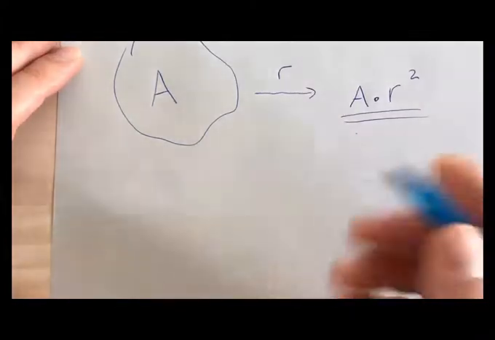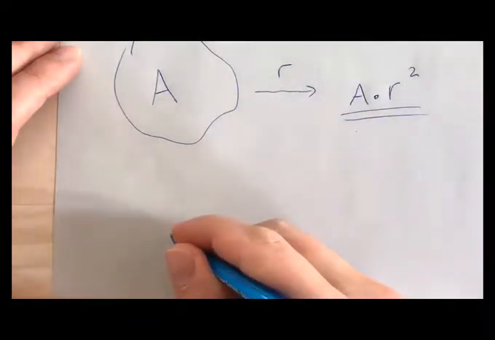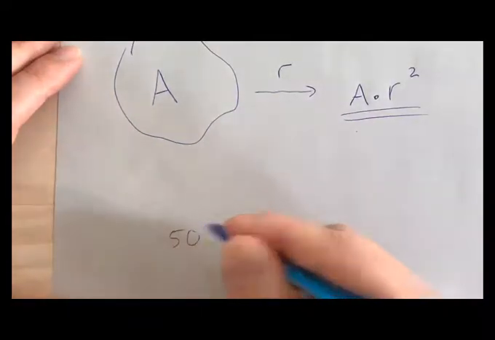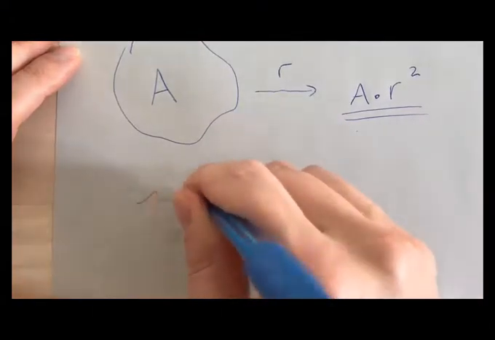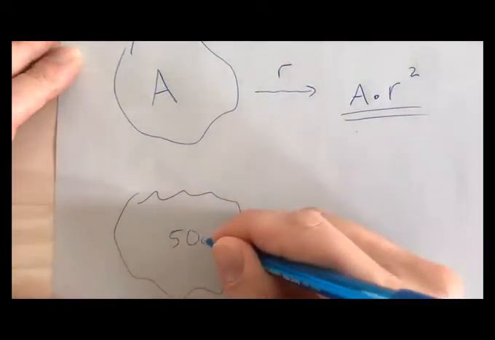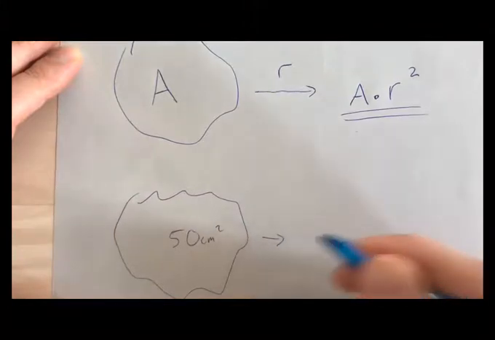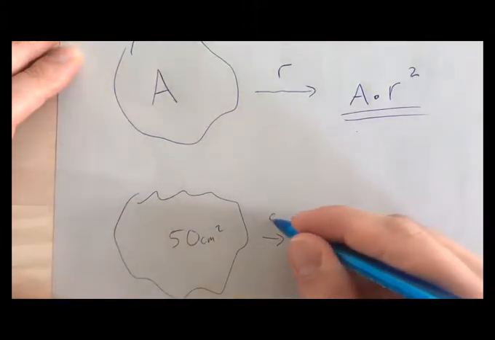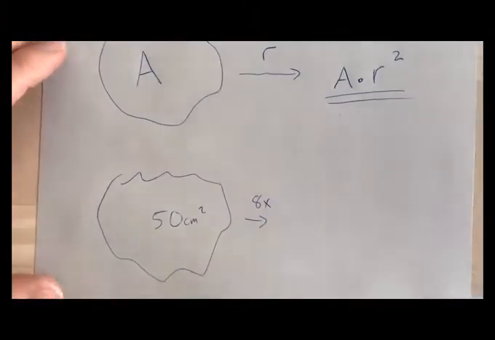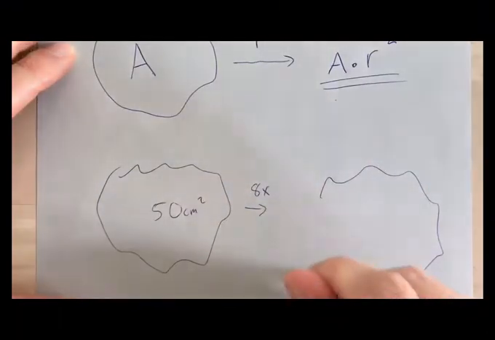If I have the area of a shape, I don't know, let's do 50. Okay, so I have this shape. It's a weird shape. It's 50 centimeters squared, and I want to make this, I don't know, 8 times bigger. Okay, what would the area of the new shape be?